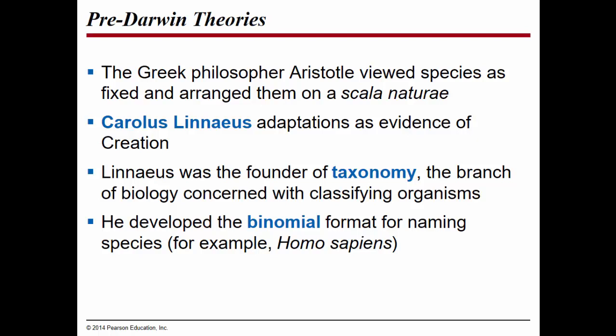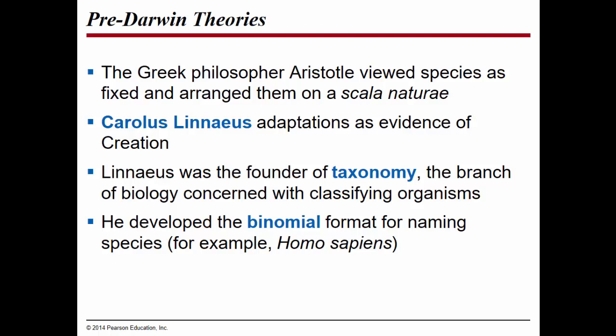Instead of using a linear scale like Aristotle did, he created categories that fit in other types of categories used for classifying organisms. He also developed the system of giving scientific or Latin names to different species.